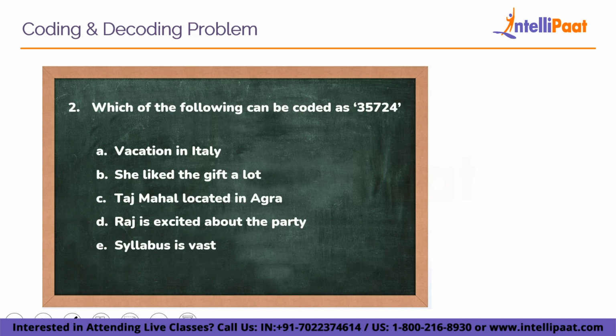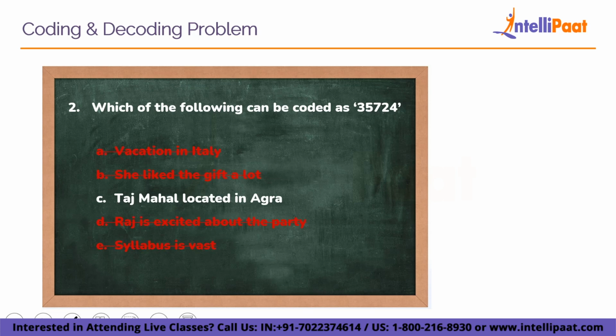Our next question is, which of the following can be coded as 35724? This code is a 5-digit code, so our sentence should have 5 words. In that case, we are only left with option C, which has 5 words, and the rest get eliminated because they have more or fewer words than 5.